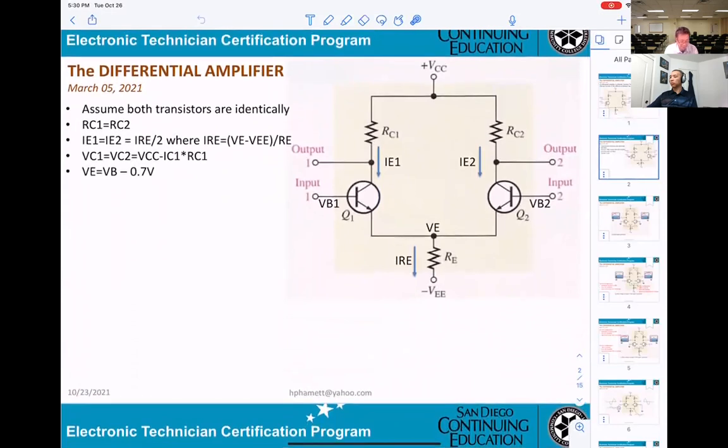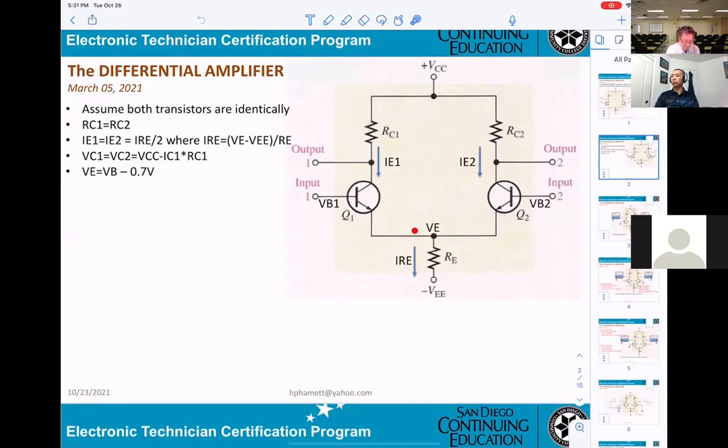And now what they say here: assume both transistors identical, R1 equal R2, IE1 equal IE2. You can see it's the same thing. They get the same resistor, the same transistor, so the currents IC1, IE1, will be the same.